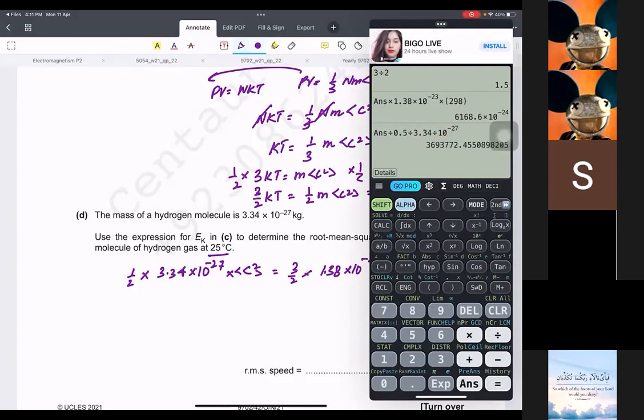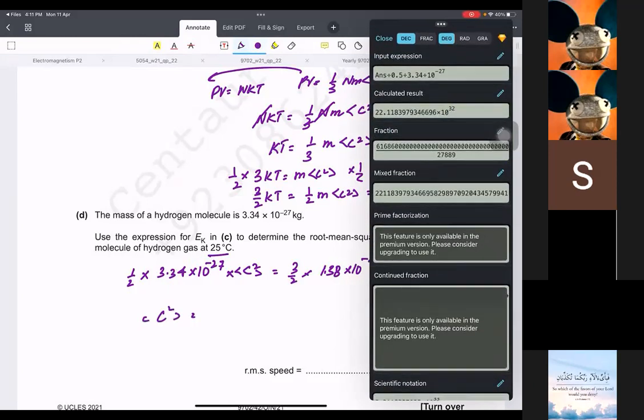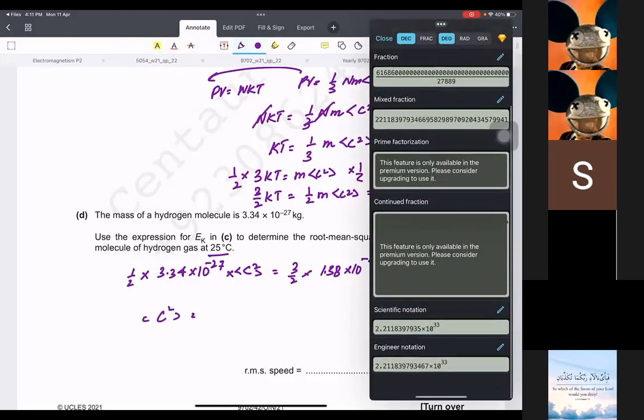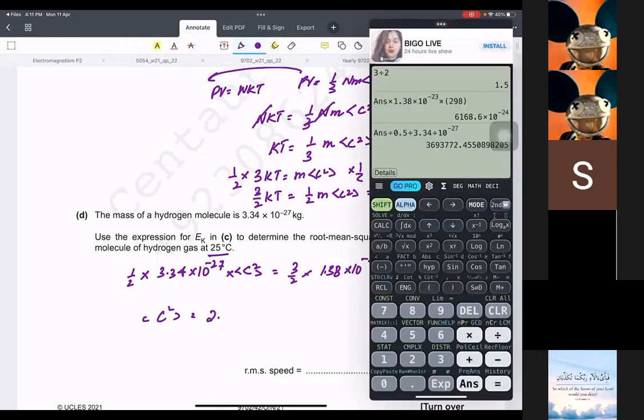Okay, so c squared equals 3.7 times 10 raised to power 6.